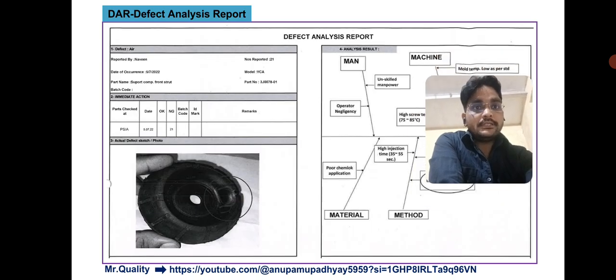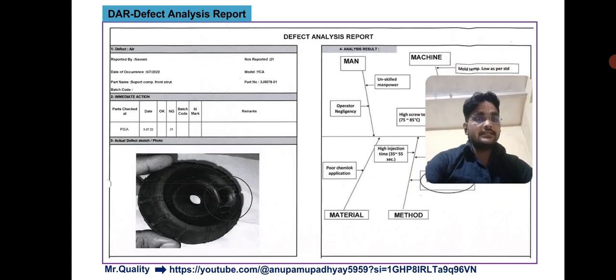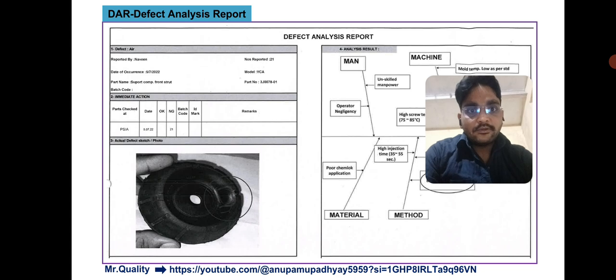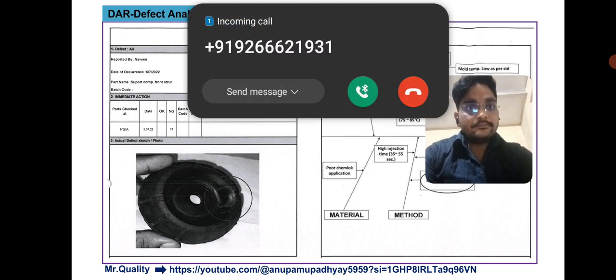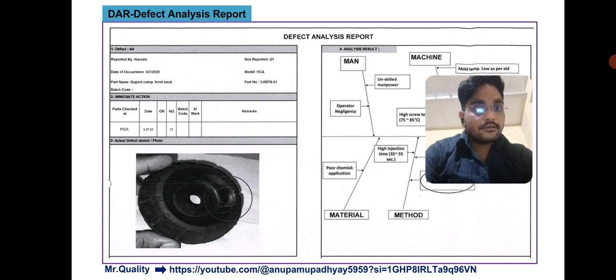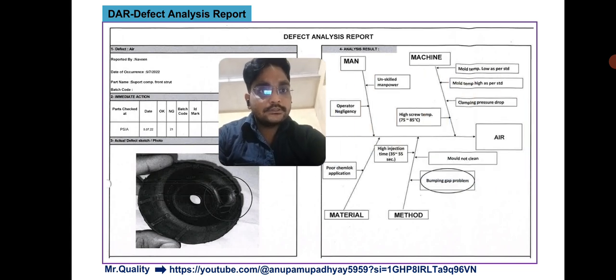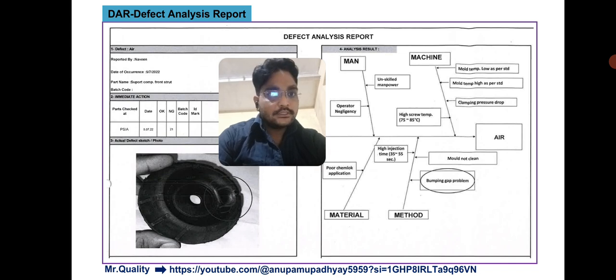Now another format is DAR, defect analysis report. This is the same also. What is the defect, what are the immediate actions, and what are the defect analysis reports, meaning the fishbone diagram to find the root causes: man, machine, material, method are the main causes, and in blocks the primary or secondary causes are written.